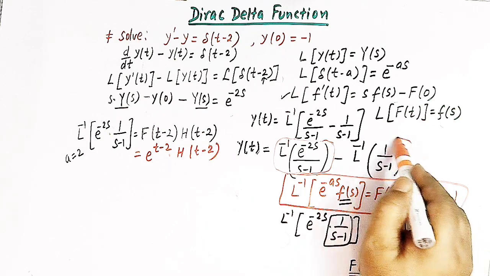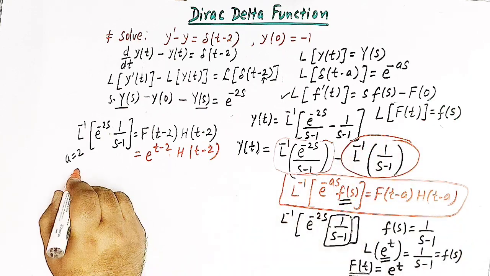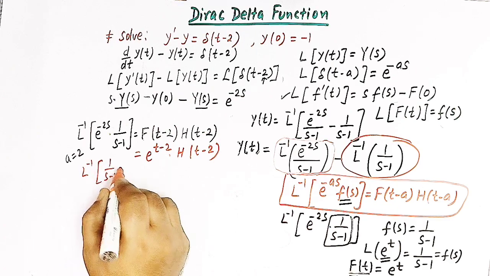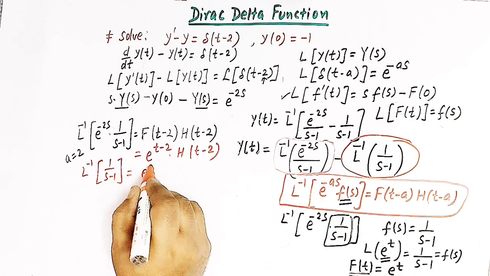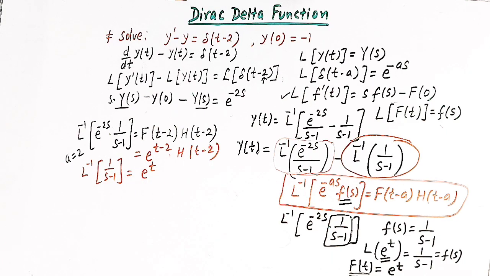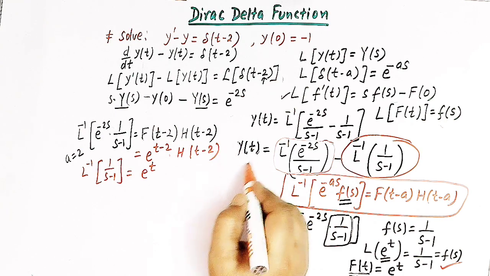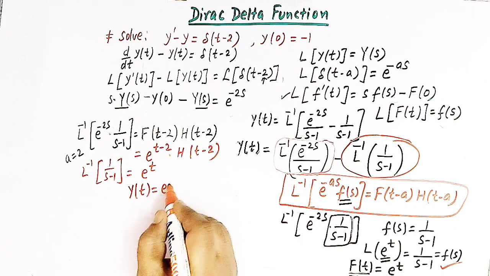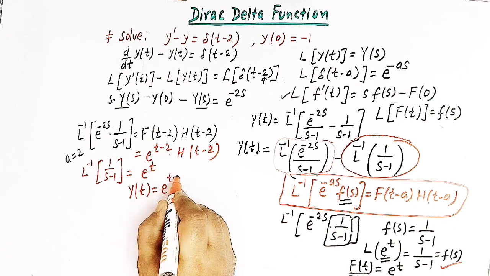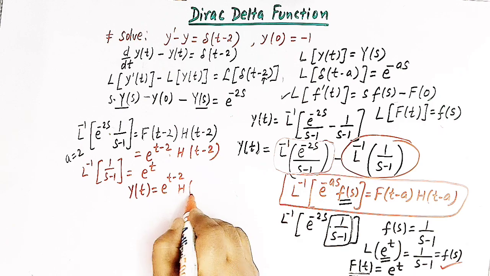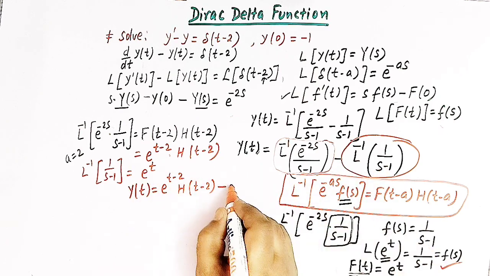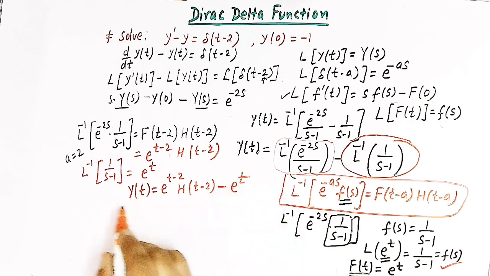And the value of this expression, that is L inverse of 1 over s minus 1, is given by e raised to t. So now our function y of t is given by e raised to t minus 2 h of t minus 2 minus, and here we have e raised to t, right?